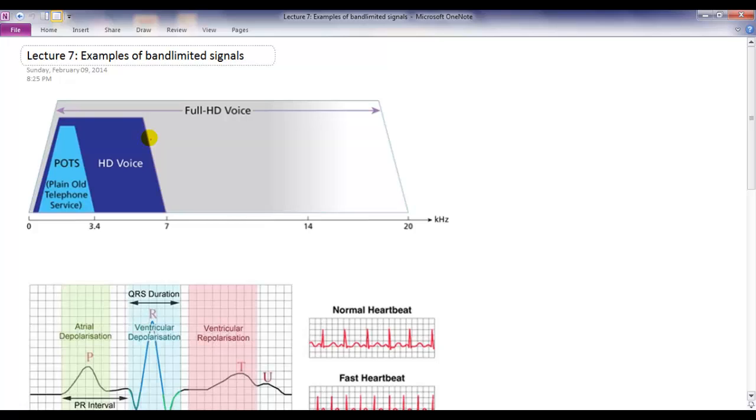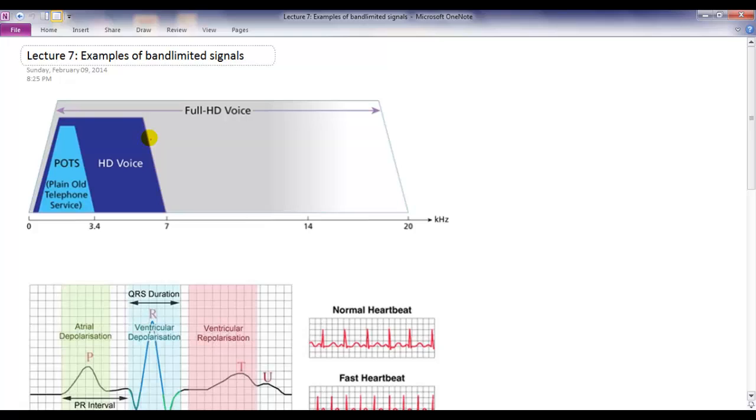Based upon a lot of analysis, and it's an old story, most of the intelligibility in human voice, and I'm talking about intelligibility, not melody, is contained up to 3.4 kilohertz. While the human voice that I'm emitting can go from very small frequencies up to 20 kilohertz, most of the intelligibility is just contained in 3.4 kilohertz.